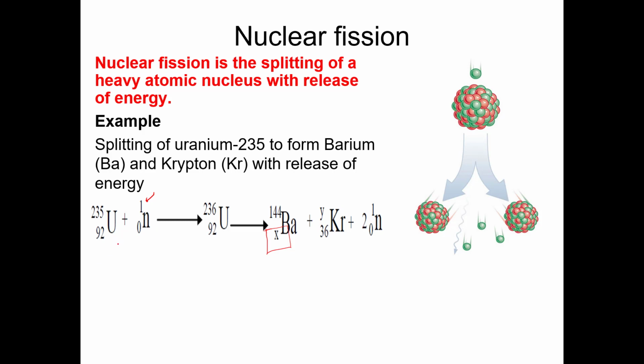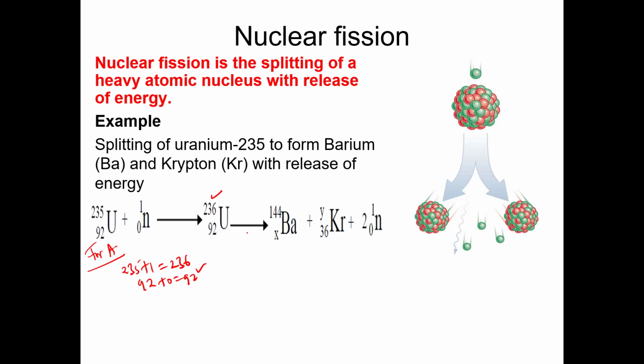Beginning with this arrow here, for the atomic mass, we can say that 235 plus 1 is equal to 236. So this is okay. And then 92 plus 0 is equal to 92. So this one is also okay.